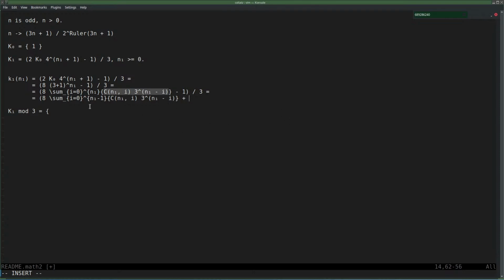Took that out, so that will be this again, but with i equal to n−1. Just wrote the last term explicitly. And then we have to subtract 1 and then all divided by 3.